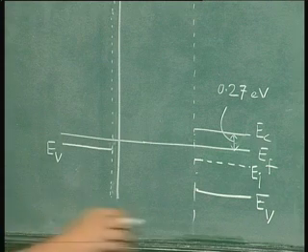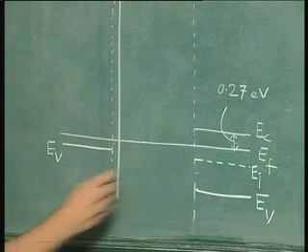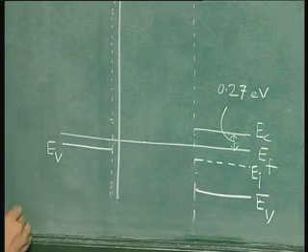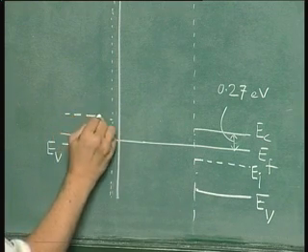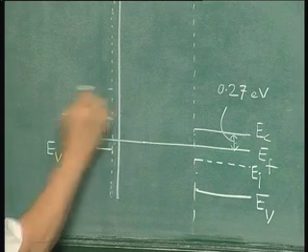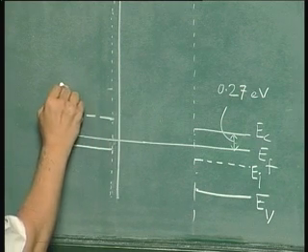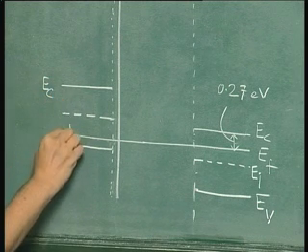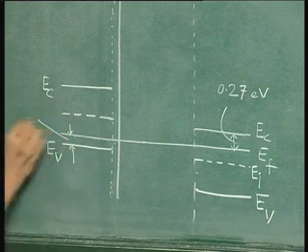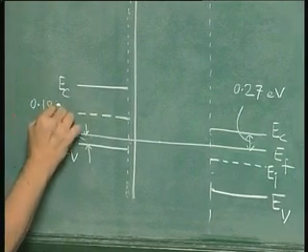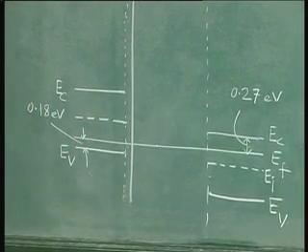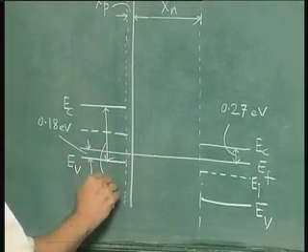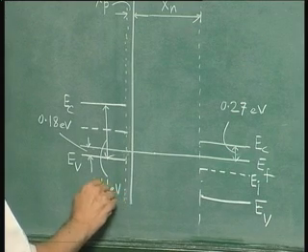And now we should locate the EI and EC. So EI, this is half of energy gap, so about that distance, and then this is EC. So this difference is 0.18 electron volts, and this difference is 1.1 electron volts energy gap.